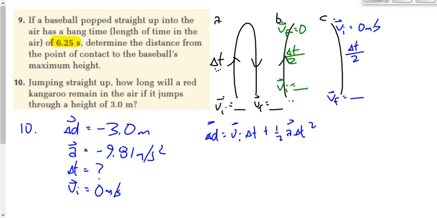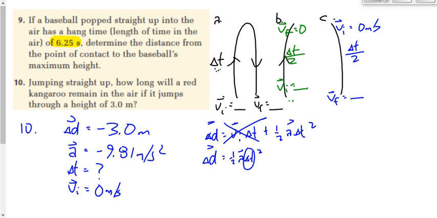I saw a couple of people walking around think this, and I was thinking the same thing actually when I was walking around. And one person just referred to it here just now. Can't use this because it requires a quadratic equation. It actually doesn't. If VI is 0, then this whole term disappears, right? So the equation becomes now d is equal to 1/2 AT squared, and t is only in one place now, right?